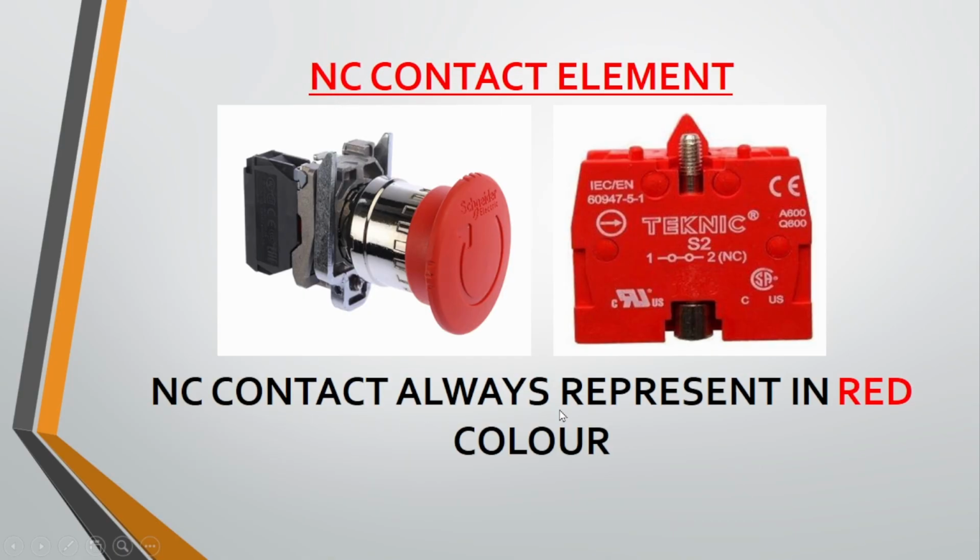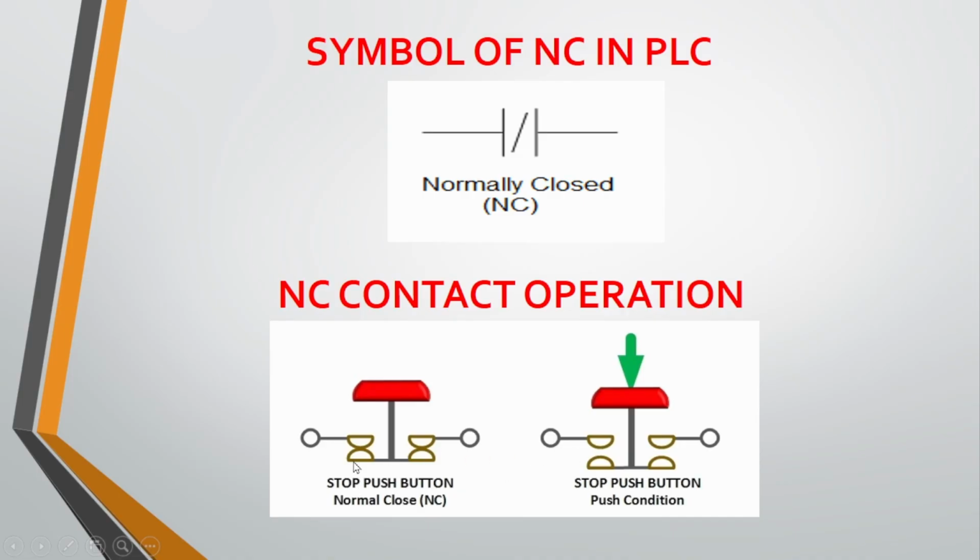NC contact element is always represented in red color, means here it is the NC contact element. The NC contact element is connected at the back of this push button. Inside the element, the same operation is performed like this.